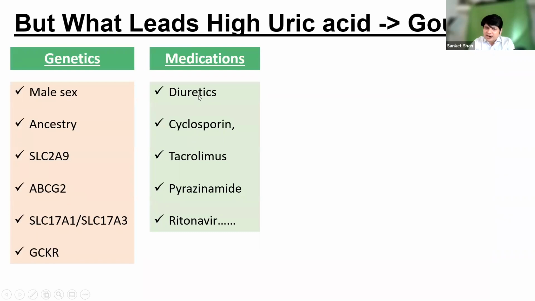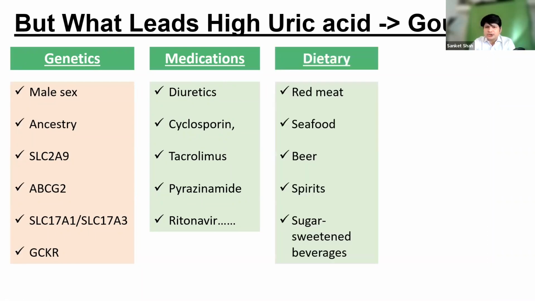Medications, yeah, we can be smart here. Diuretics, cyclosporin, tacrolimus, pyrazinamide, ritonavir, whatever modifications are possible, we can do here for sure. Dietary management: red meat, seafood, and out of all, alcohol, beer, all spirits, and sugar sweetened beverages. These are the key culprits which keep adding to your uric acid pool a lot. So if you have hyperuricemia, these are the foods and drinks to avoid for sure.